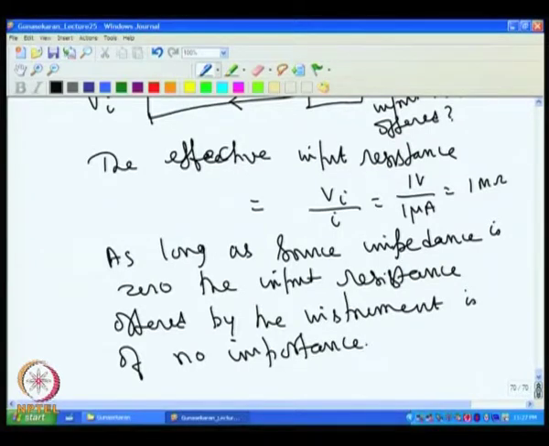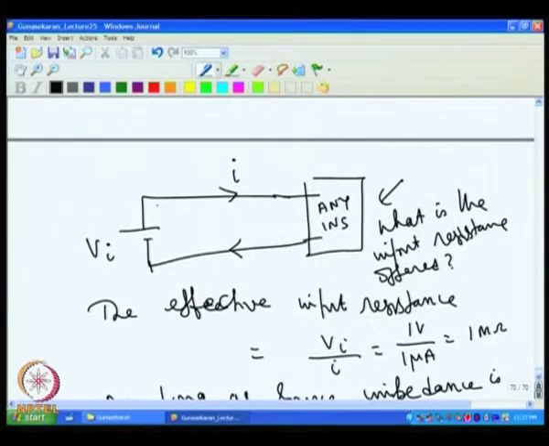This is because this source has no internal resistance, so whatever current is flowing, the voltage appearing across the instrument is the same as Vi. So, the input resistance of the instrument, whether low or high, is of no consequence as long as the source resistance is low.